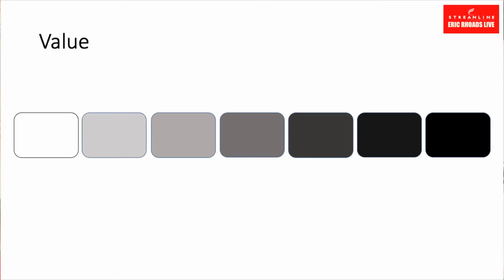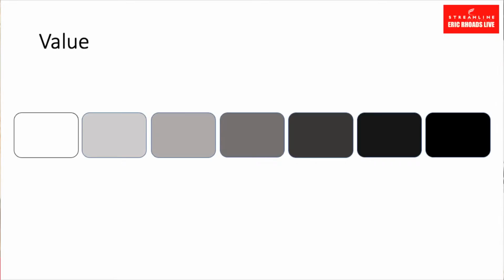And you do that by looking at your source and deciding from that source what value of the hue you want. You can lighten the value with white. You can darken it with black, but you have to look at the color and decide what value it is. That's a little complicated, and squinting makes it easier to decide what value a color is.